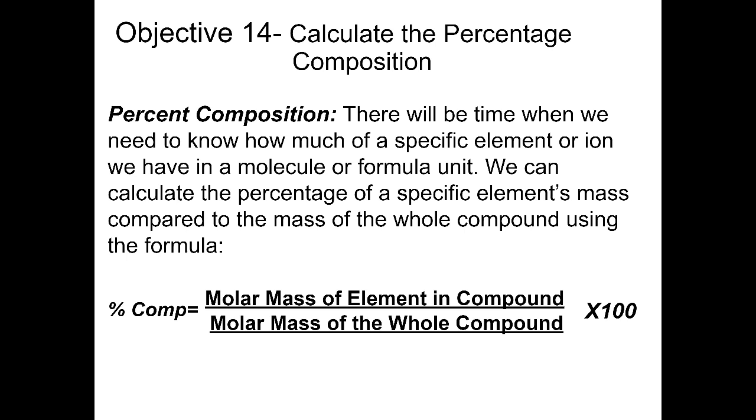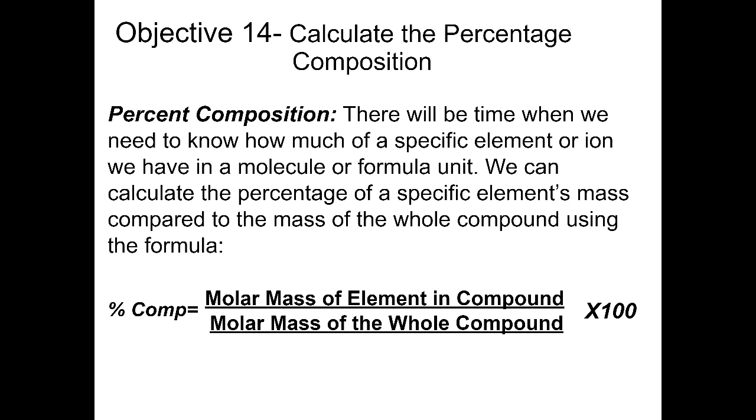Why 2.0? Because hydrogen's mass is 1.0, but there are two of them, so we multiply by 2. Then we take 2.0 divided by the mass of the whole compound, which for H2O is 18.0 grams per mole.